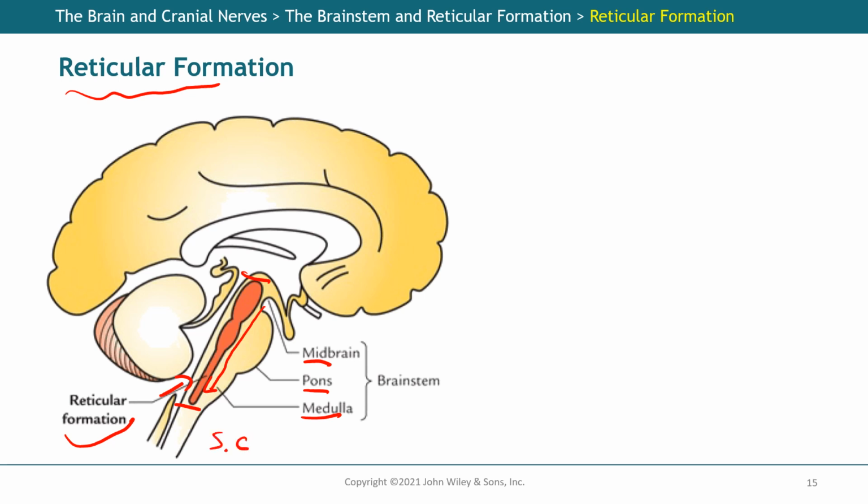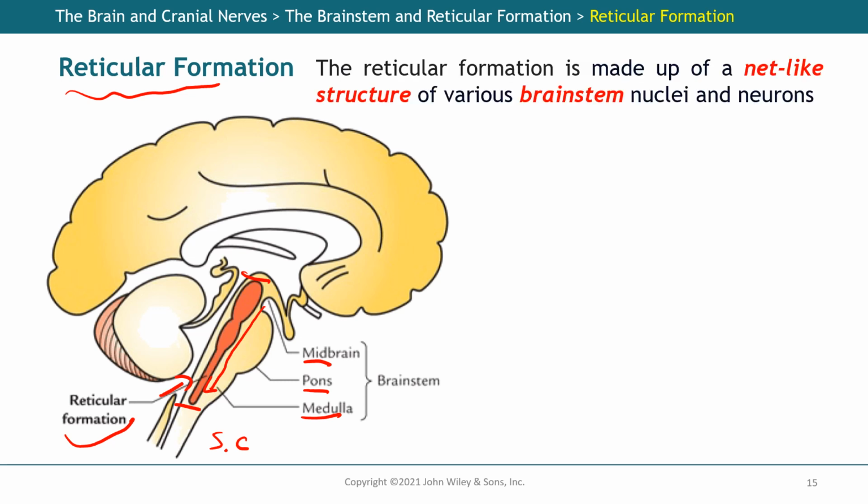The reticular formation is a net-like structure that can be found in the nuclei of the brainstem, and it has many neurons. So it will have a lot of functions that we will cover in the next slide. But remember, the reticular formation is a net-like structure that is located in the brainstem, as shown in the diagram, and has many nuclei.